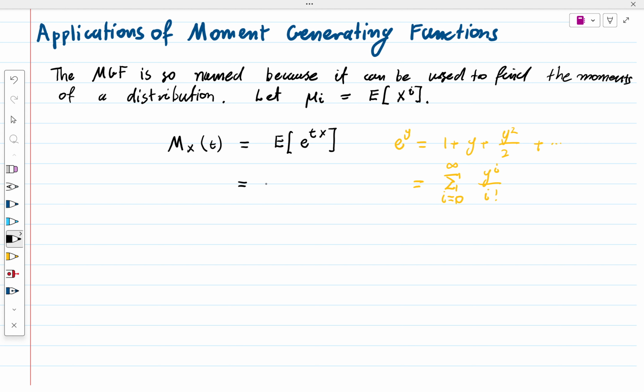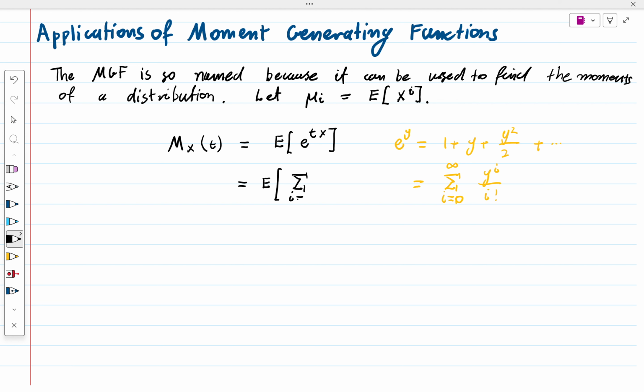And so we can rewrite the expectation as the expectation of the Taylor expansion of the exponential. They are exactly equal.